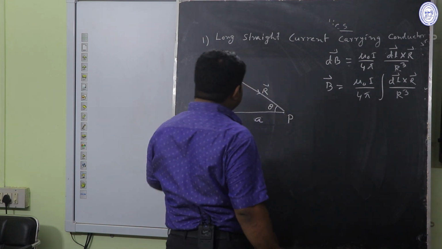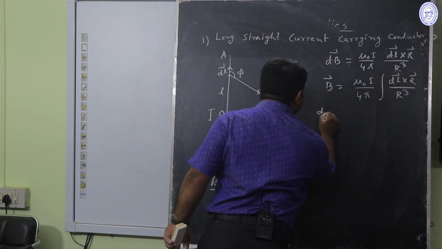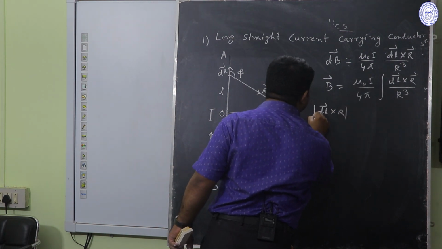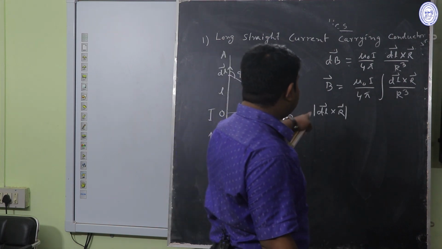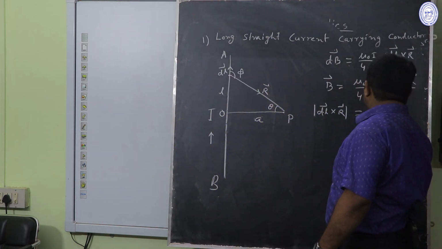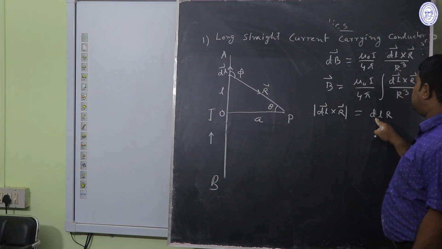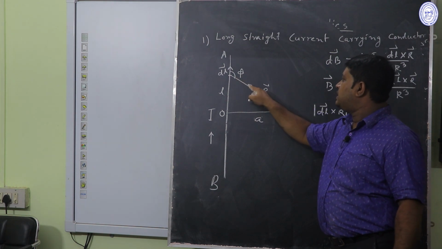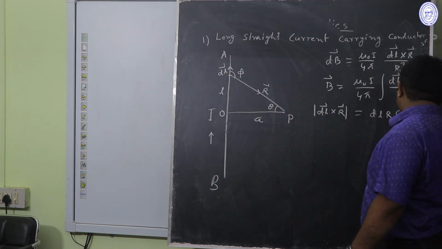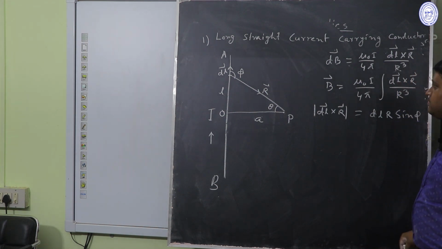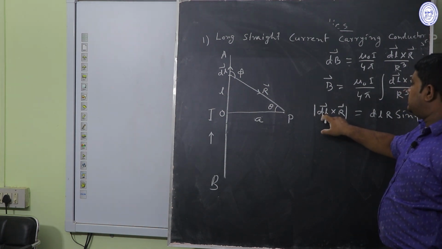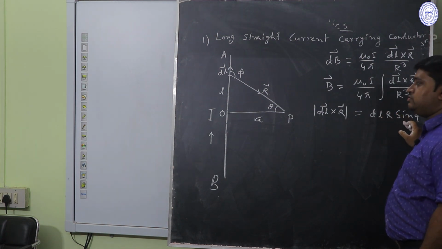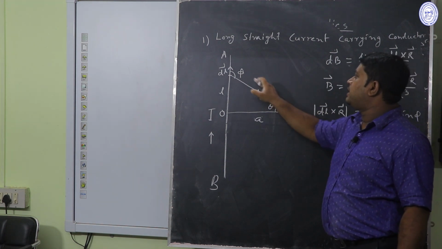From the figure, mod of dl cross R is equal to mod of dl, mod of R into sine of the angle between R and dl, that is sine phi.